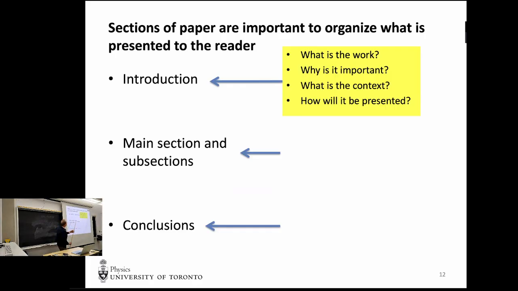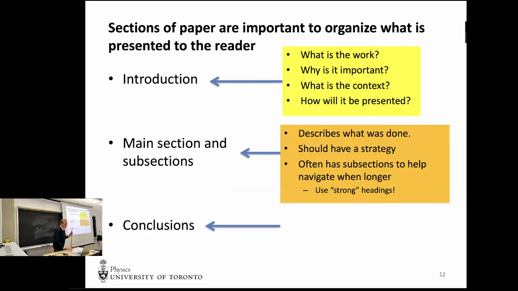So, introduction: what is the work? Why is it important? What is the context? How is it going to be presented to you? Quite commonly there is a bit of a roadmap for the paper in the introduction. The main section and the subsections describe what's done.